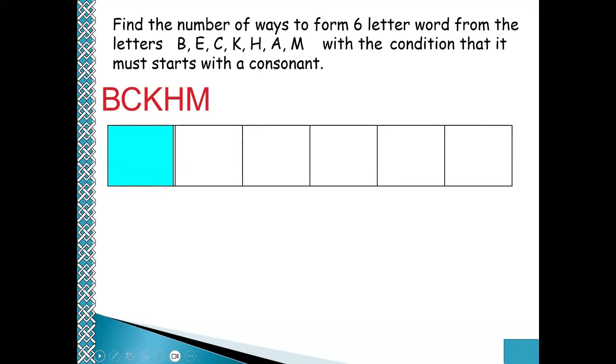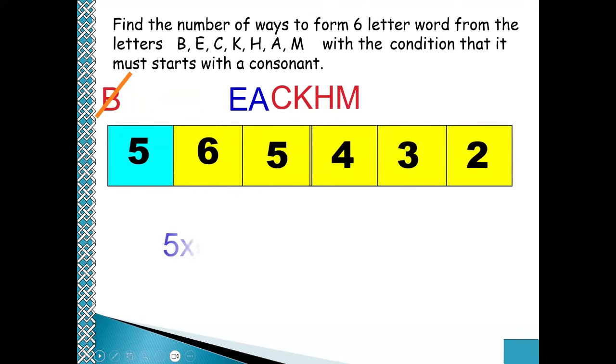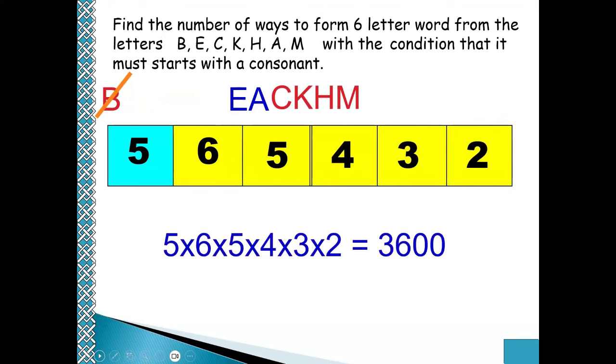So that means the first place I can fill up with 5, but I will use only one letter. The remaining are still available to fill up the other places. So how many letters are still with me? It was 7 letters, 1 letter used, so 6 letters, 5 letters, 4 letters, 3 letters, 2 letters. So that is your answer.